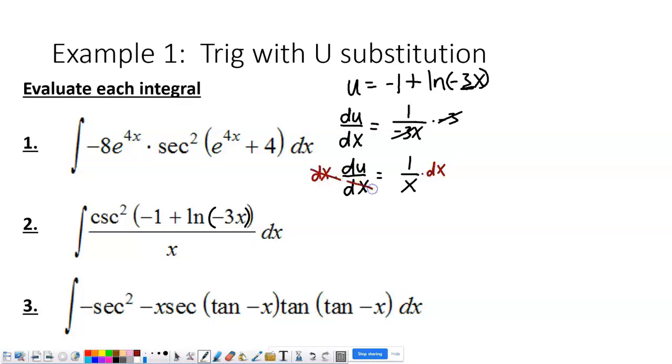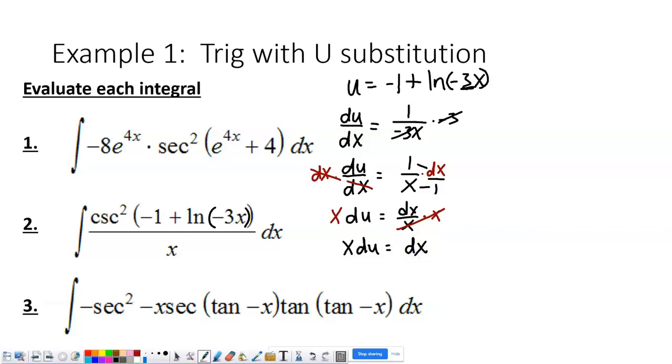So this and this cancel, and I'm left with du is equal to 1 over, you could say dx over x if you want. Dx, like top times top, bottom times bottom. So dx over x. The next thing you want to do is multiply both sides by x. Okay? So now I have x du is equal to dx.